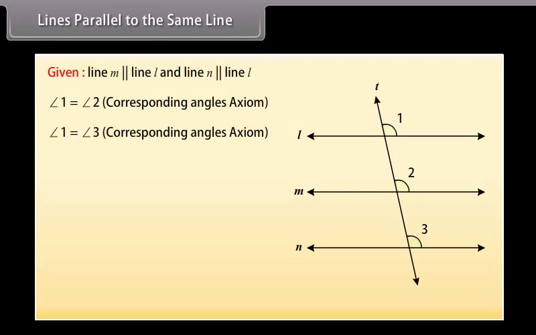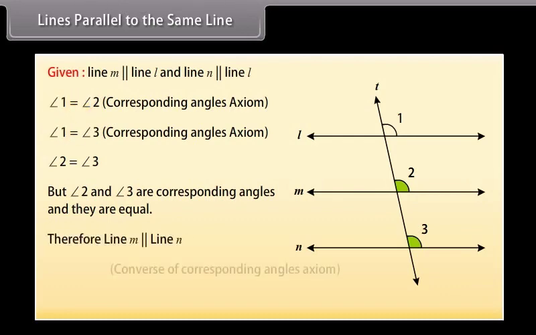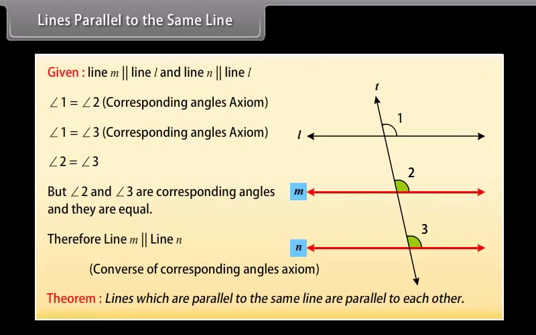So from these two, we can say that angle 2 is equal to angle 3. But angle 2 and angle 3 are corresponding angles and they are equal. Therefore, by using the converse of corresponding angles axiom, we can say that line M is parallel to line N. And this result can also be stated in the form of a theorem: lines which are parallel to the same line are parallel to each other.